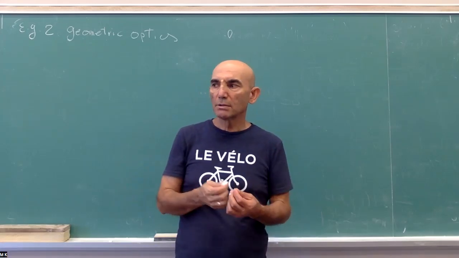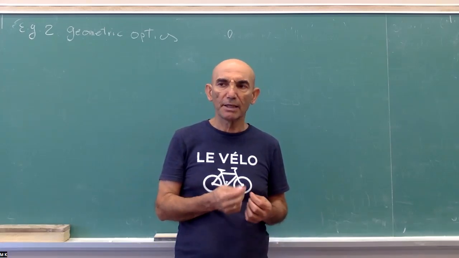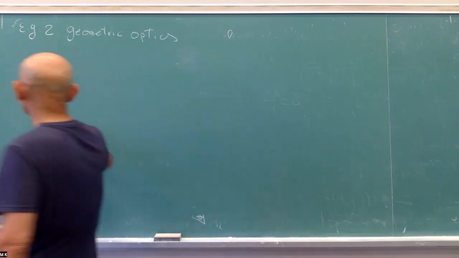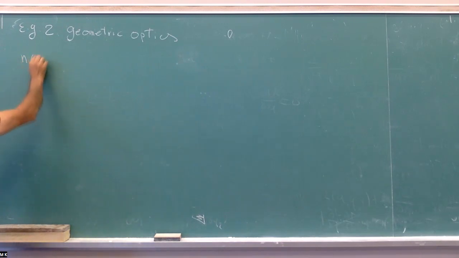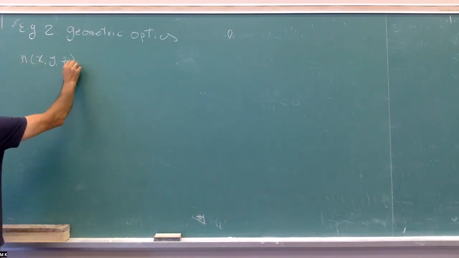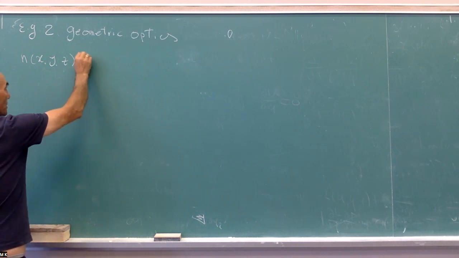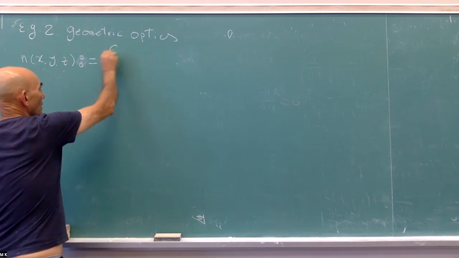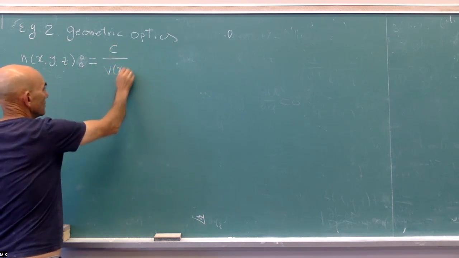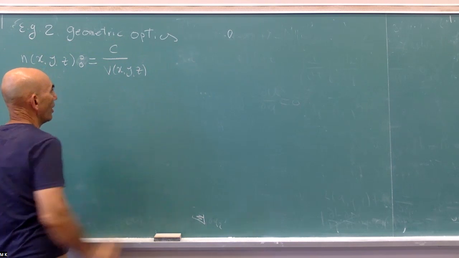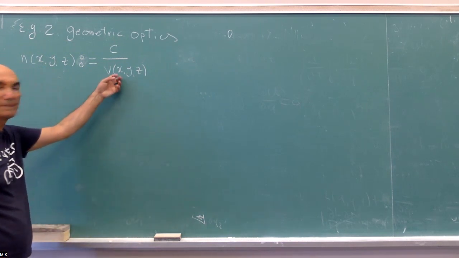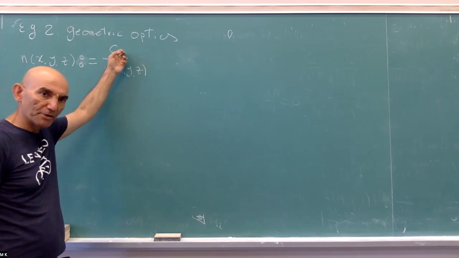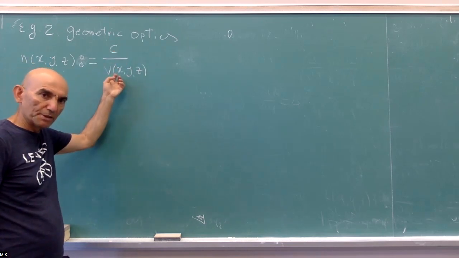There is one quantity in this case that characterizes the medium, and that's the index of refraction, n of x, y, z, which by definition is equal to the speed of light in vacuum divided by the velocity of light in the medium. This is the speed of light in vacuum, and this is the speed of light in the medium.